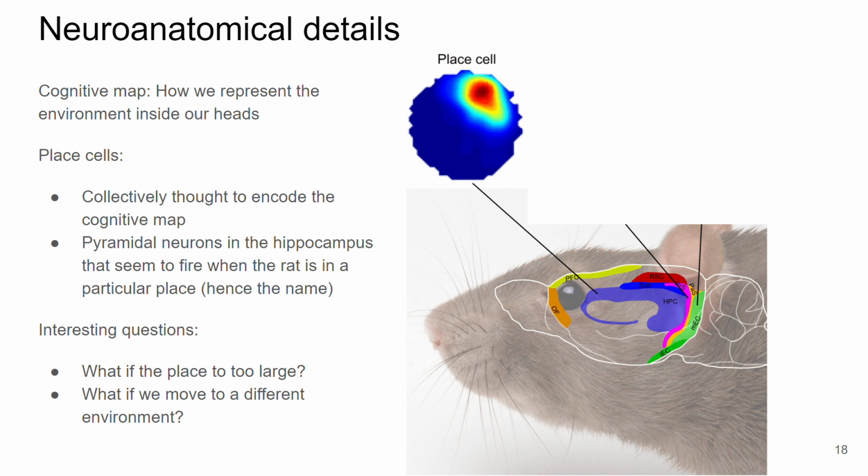So a grid cell will fire if there is a relative position with respect to something. It kind of fires with a grid. So you can use multiple different spatial representations.